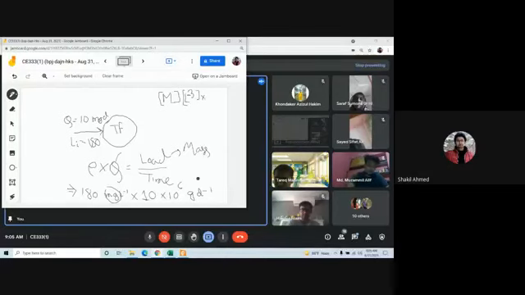Multiplied by gallon, which is volume, so L cubed, and then day, which means time.